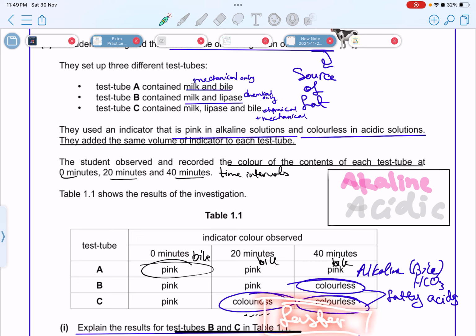And do you have any logical reasoning for this? This is because test tube C contains bile that will increase the surface area for lipase action by emulsifying the fats and breaking the large fat globules into smaller fat globules.